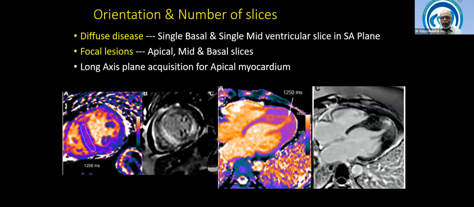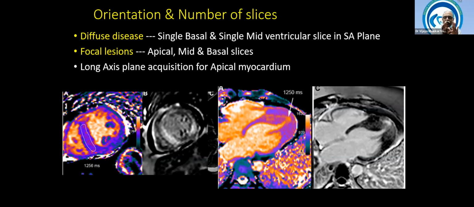Now, short axis, long axis. Here are the pathologies. For example, diffuse pathology: 3 short axis slices, apical, mid, basal third, is enough. For apical HCM, for example, you want to know the T1 map value for prognostication of the ECV fraction there, so acquiring a long axis view also is nothing wrong.